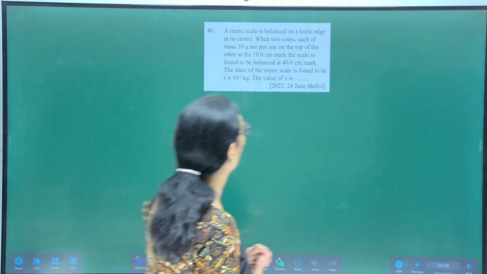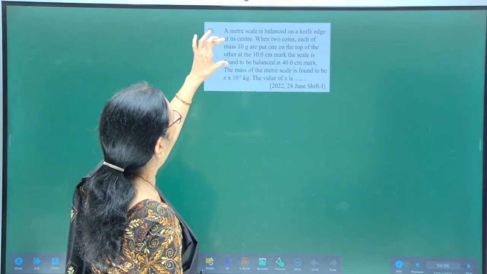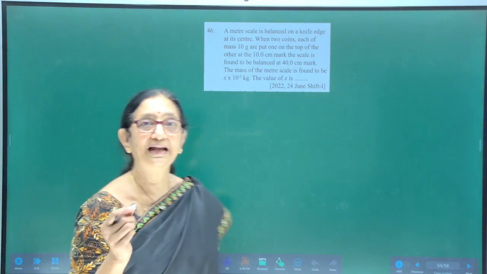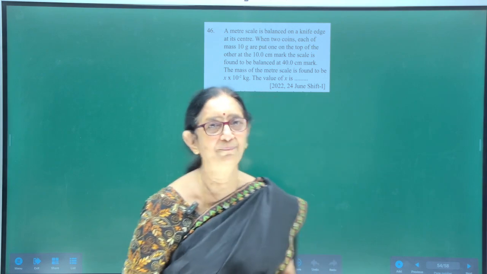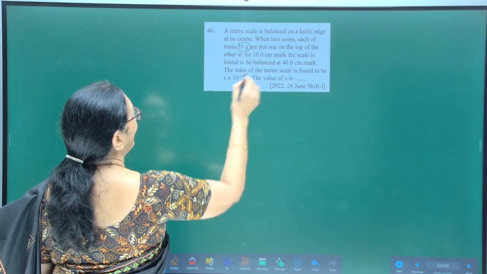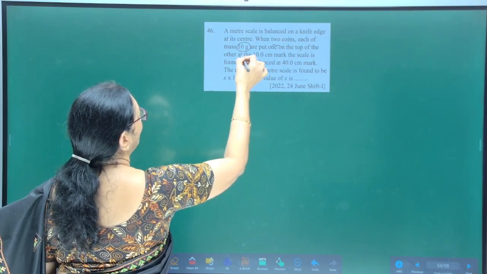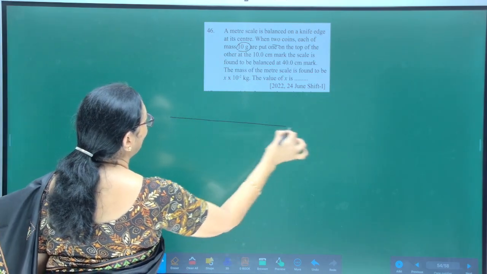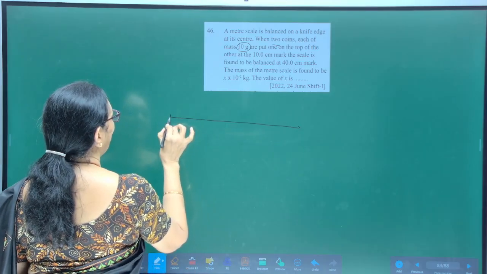Now, next problem. Look here, a meter scale is balanced on a knife edge at its center. That implies it is a uniform meter scale. When 2 coins each of mass 10 grams are placed one on the top of the other at 10 centimeters division. This is a meter scale.